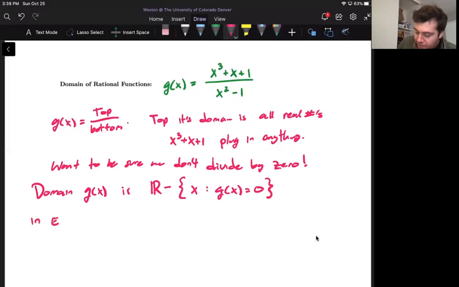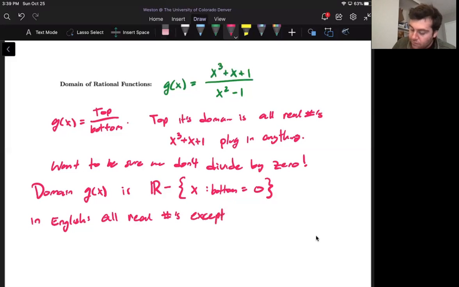In English, it's all real numbers except for where the bottom is 0. Otherwise, we'd be dividing by 0.